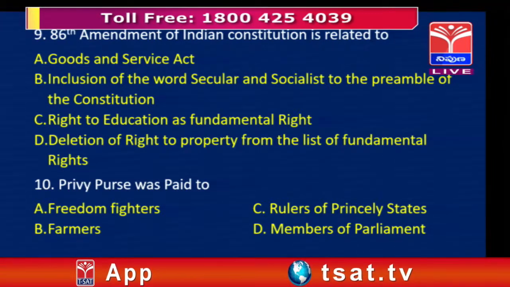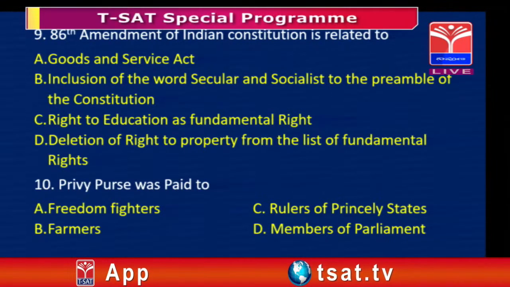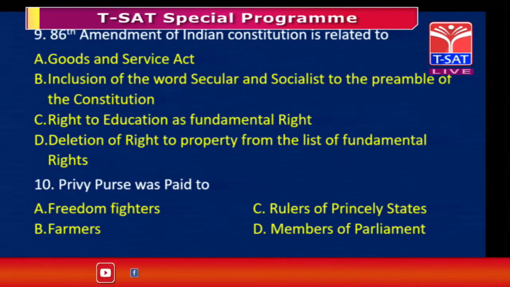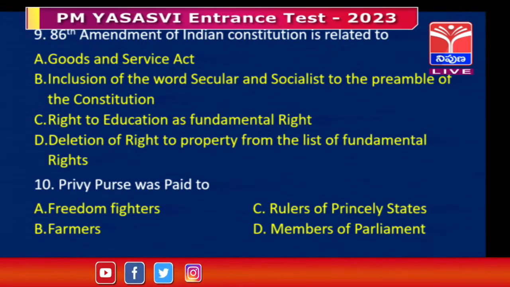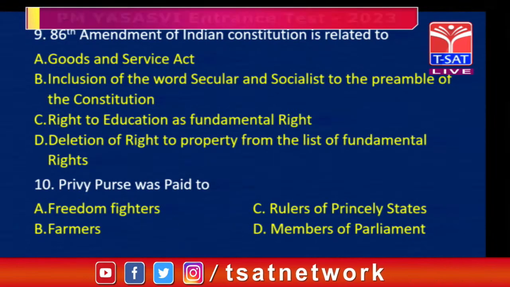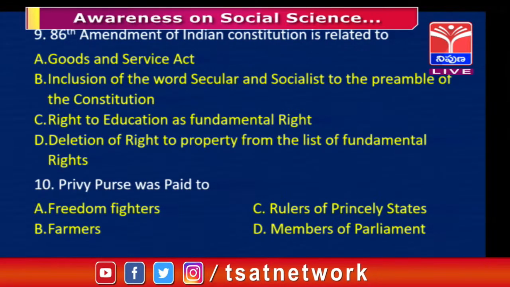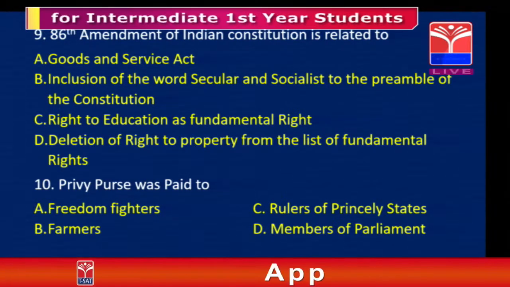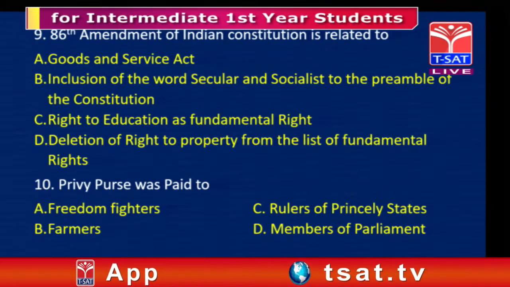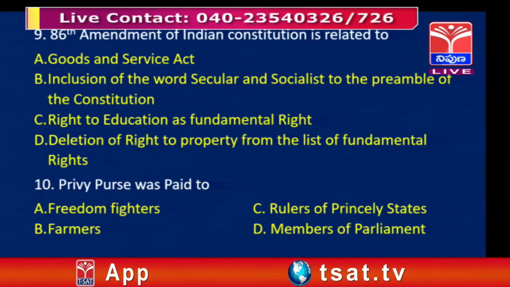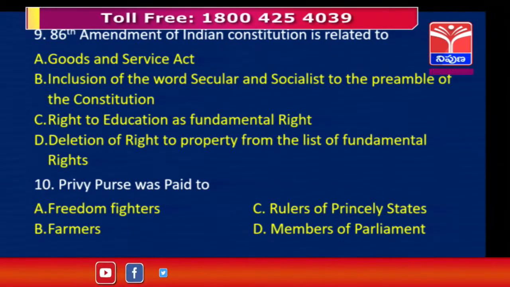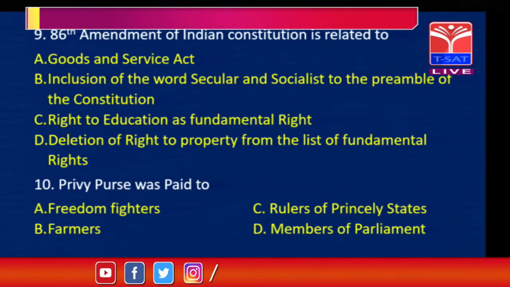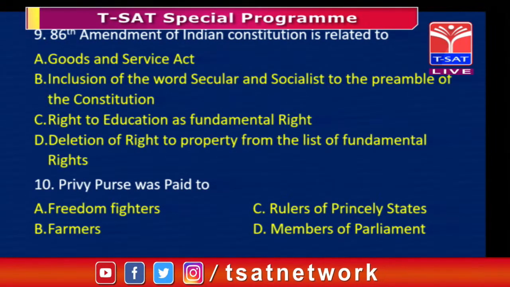The 4 options are: Goods and Services Act; inclusion of the word secular and socialist to the preamble of the Constitution; right to education as a fundamental right; and deletion of right to property from the list of fundamental rights. This is a very straight, conceptual question. Rajendra Kumar sir, which is the correct answer?